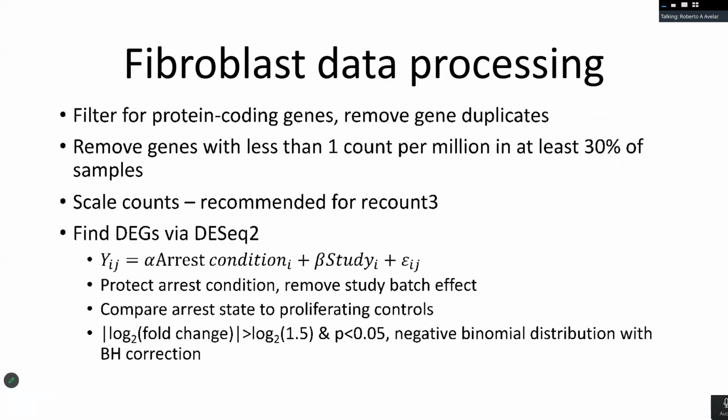So basically, we then found differentially expressed genes between each arrest condition and the proliferating controls. And I'll show a PCA in a second, but this processing involved removing lowly expressed genes and then removing the study batch effect.